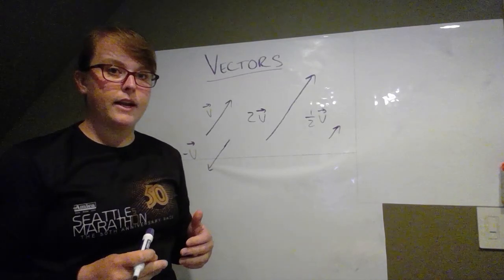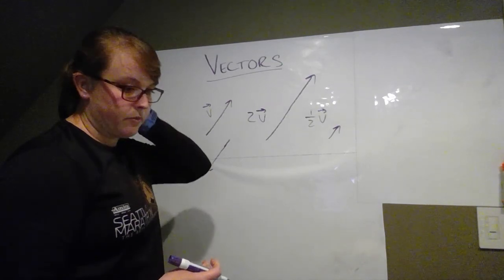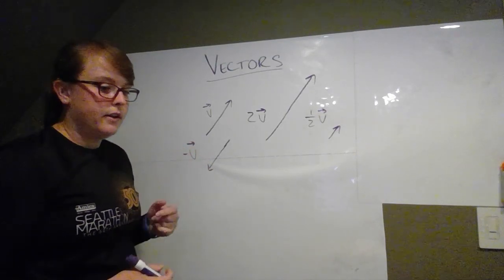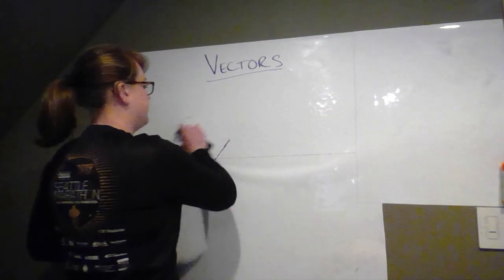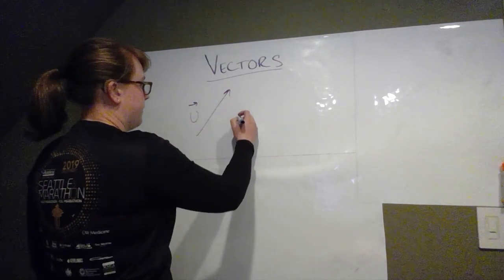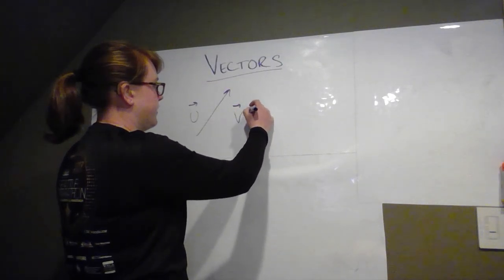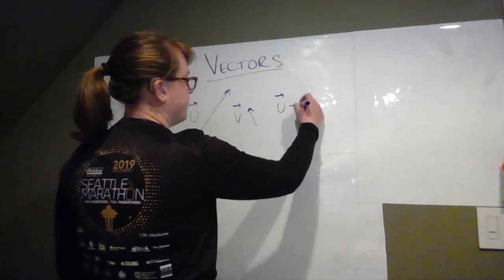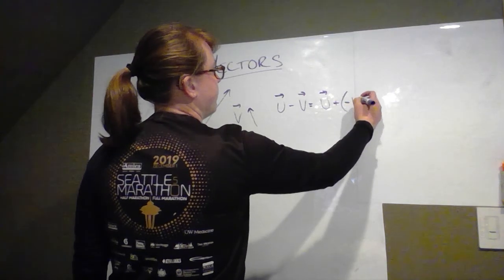Okay, so if we were talking about subtraction then, with vectors, kind of like we added vectors, now we can subtract them as well. That's just adding the negative version of the vector, right? So if I had two vectors, we've got vector u and v, and we'll say v looks like that. So if I wanted to go u minus v, that's just going u plus negative v.